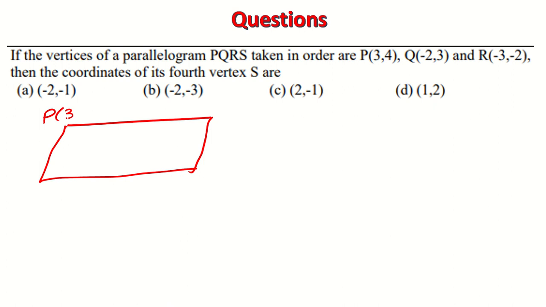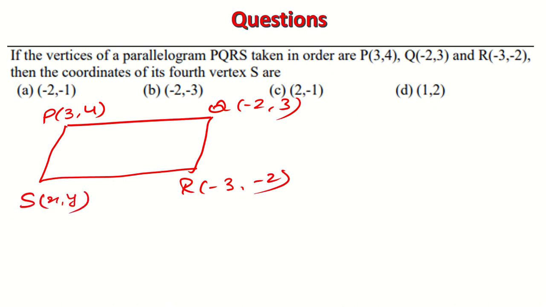P is (3, 4), Q is (-2, 3), R is (-3, -2), and S we don't know, so take it as (x, y). I am sure you remember the property that the diagonals of a parallelogram bisect each other. Bisect means wherever they cut, that will be the midpoint of both PR and QS.